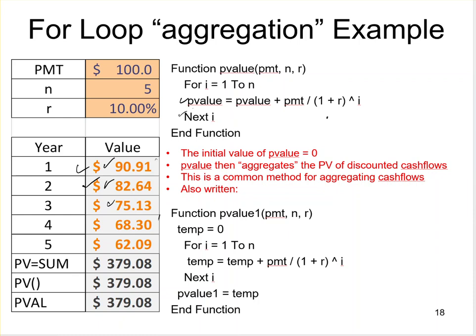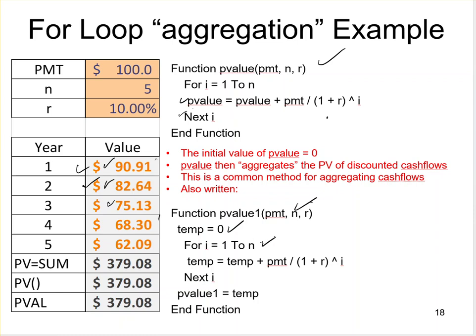We could have also written the program this way, and sometimes I'll see code written this way. Function p-value 1, payment, n, r, so same as above. And then a lot of programs will do this. I used to do this when I first started programming, but I kind of stopped doing it. I try to write programs with a minimum line of codes now. So you could say temp equals 0. So new variable called temp equals 0.